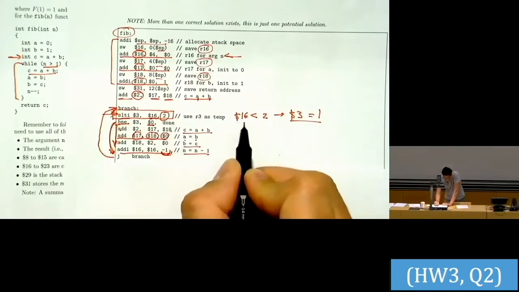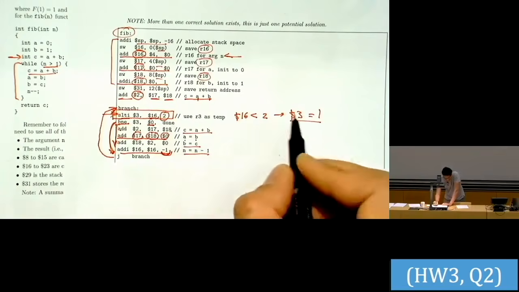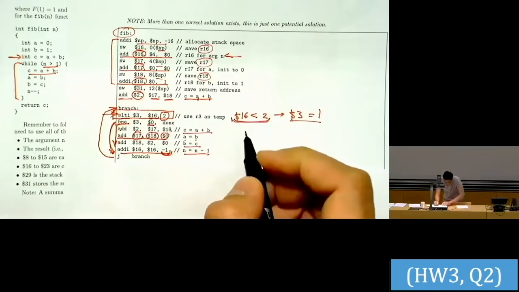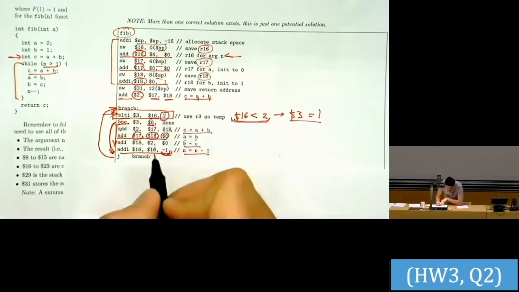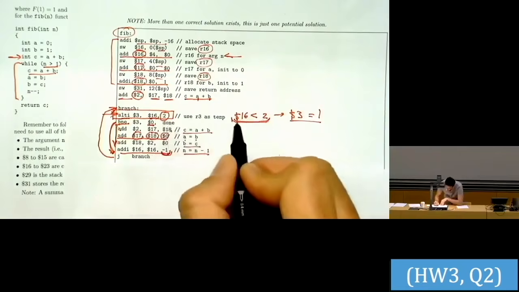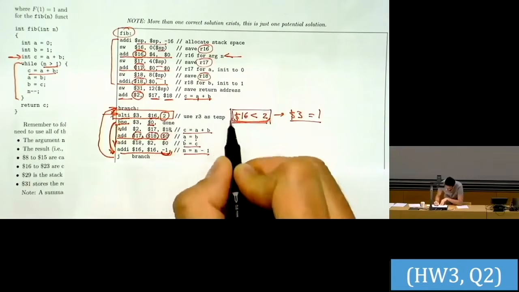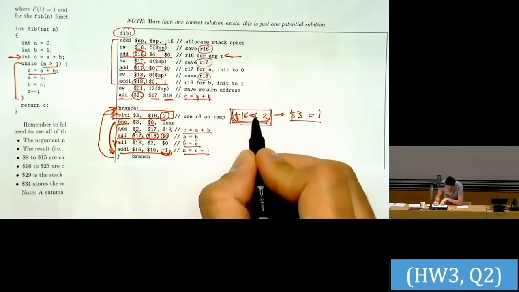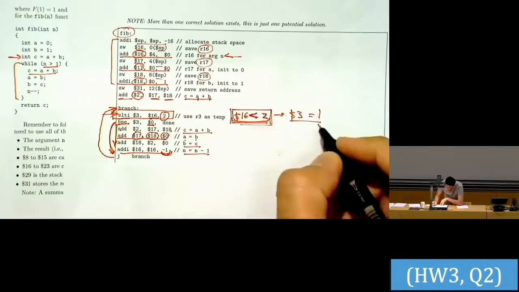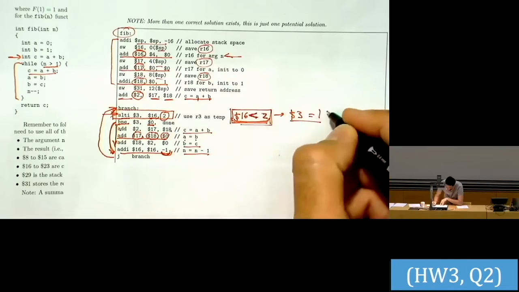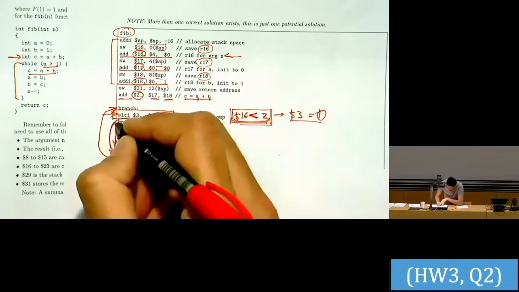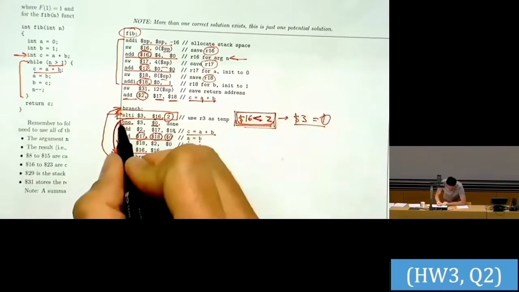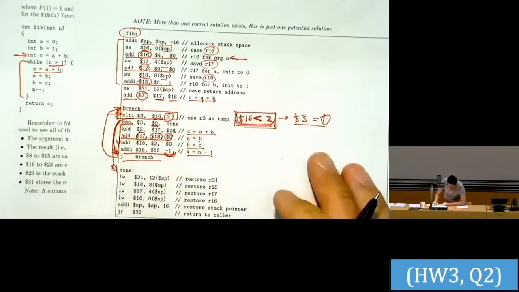When 16 contains N, when 16 is lower than 2, then this will be 0, and then here we will take the branch and we will go down here, and we will finish the loop.